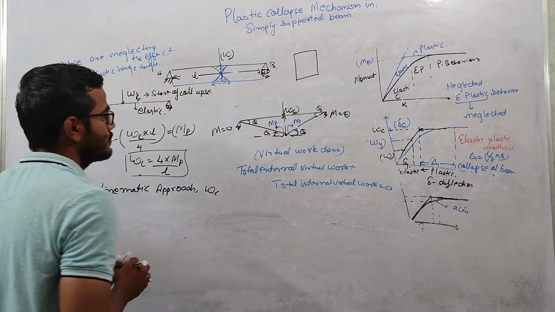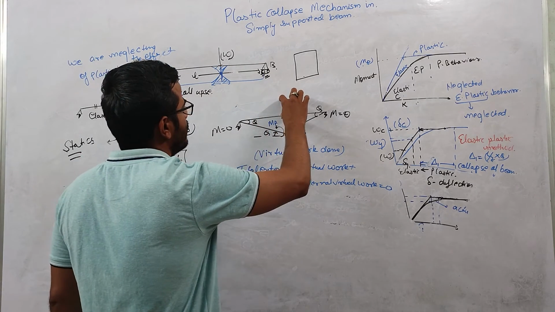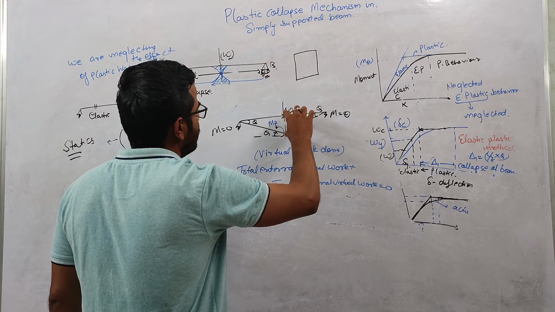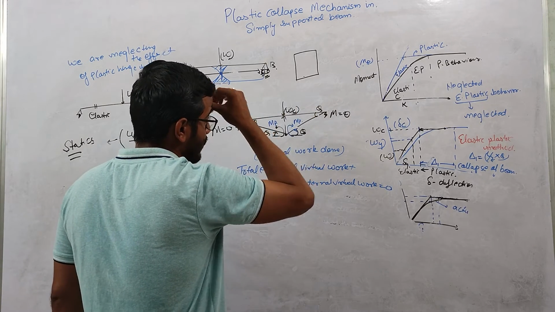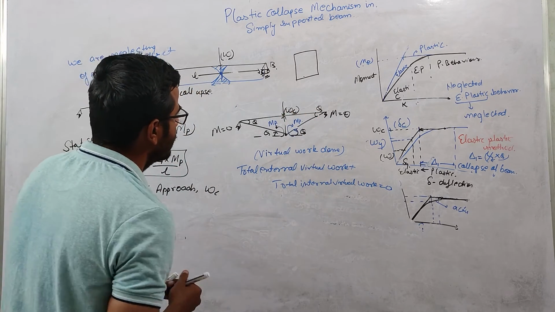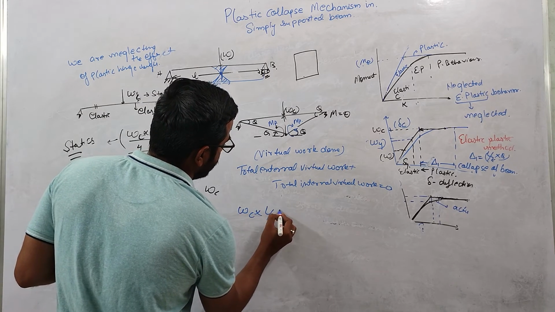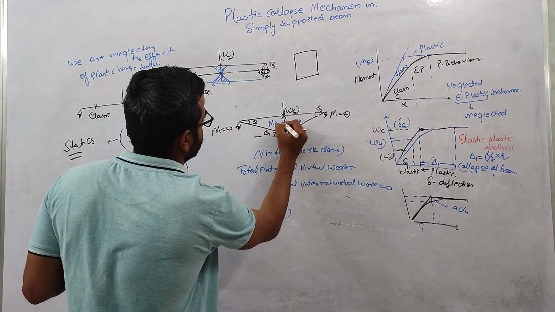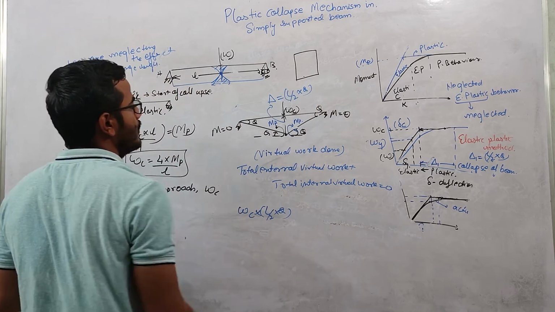So the external work done will be WC into L by 2 into theta. This is delta, and we have already calculated this is L by 2 into theta.